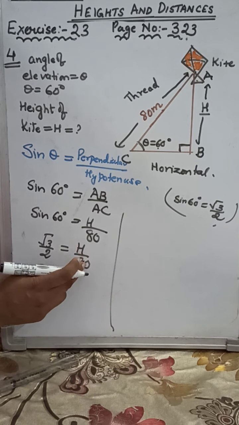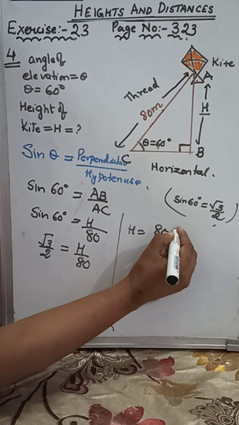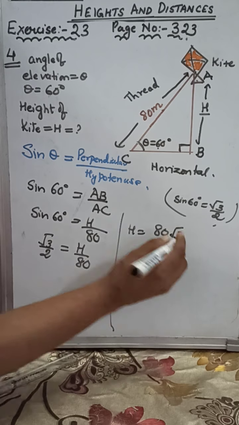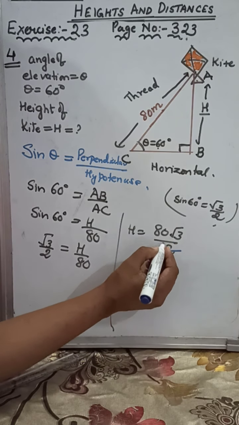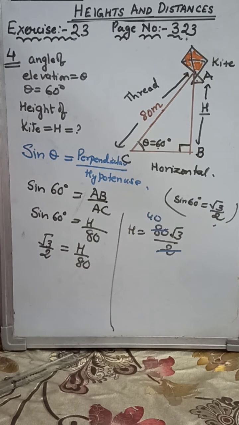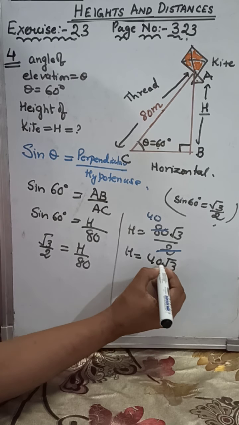So what will you do? You will take 80 on this side. Therefore h is equal to 80 root 3 over 2. Now you will simplify. Cancel with the table of 2. This will go 40 times. Now after that h is equal to 40 root 3.